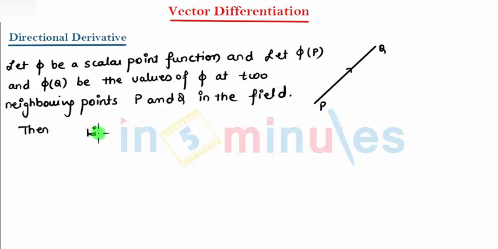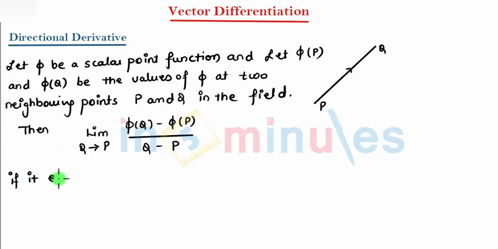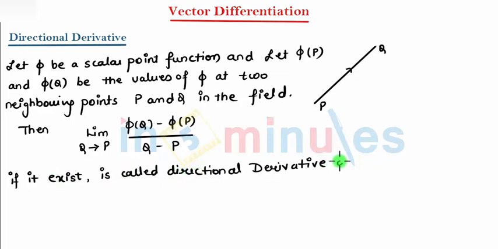Then limit q tends to p, phi of q minus phi of p whole divided by q minus p, if it exists, is called directional derivative of phi in the direction of pq.